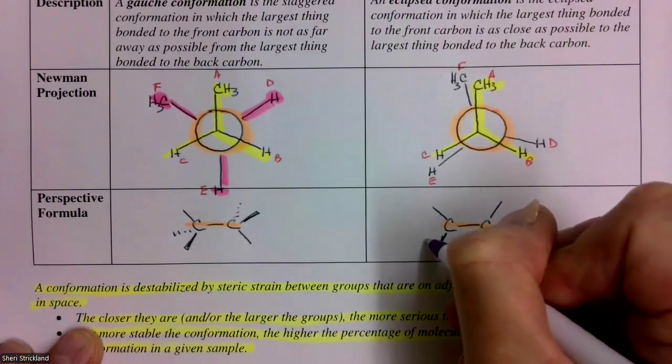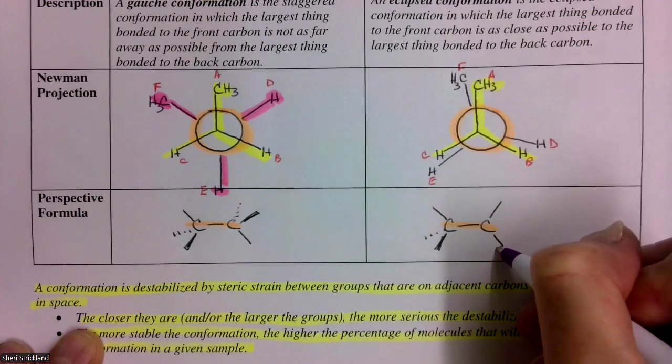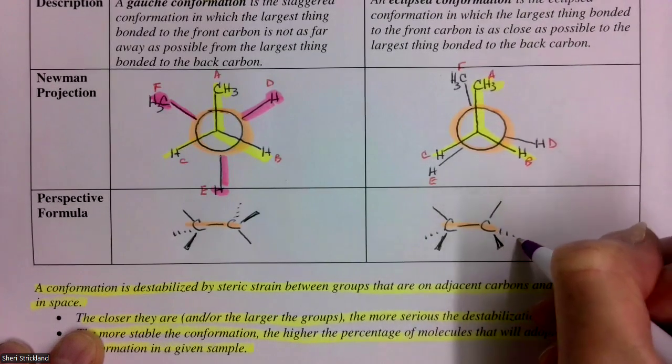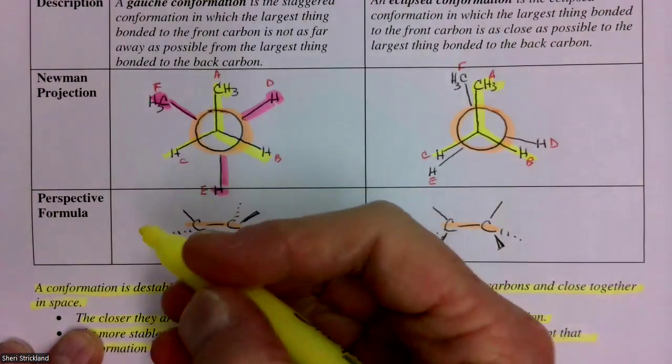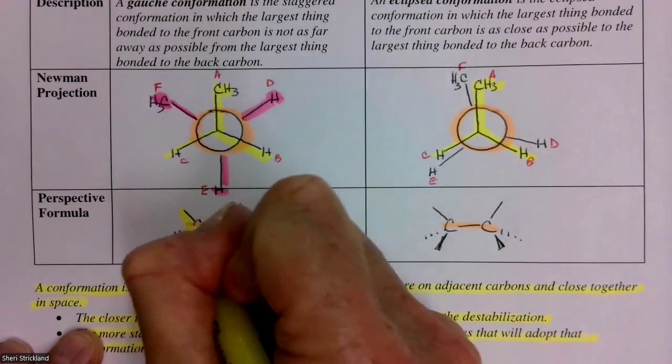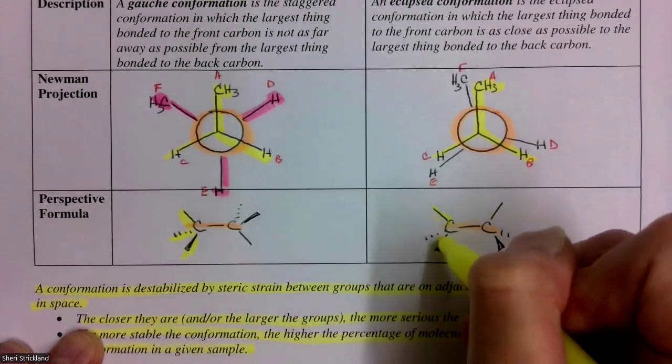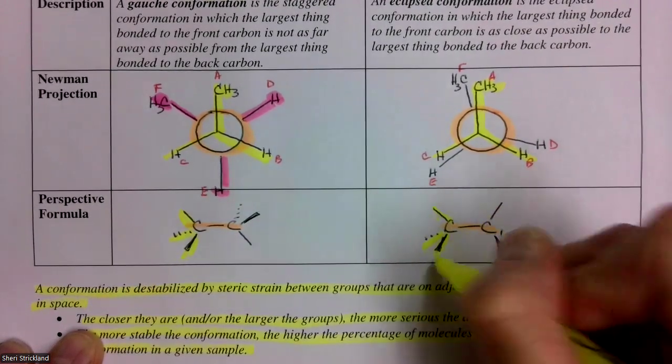And we can do that for the gauche, we can do it for the eclipsed. And we know that the way we set this up, A, B, and C are over here in their very same places. Just a question of where the other guys went.